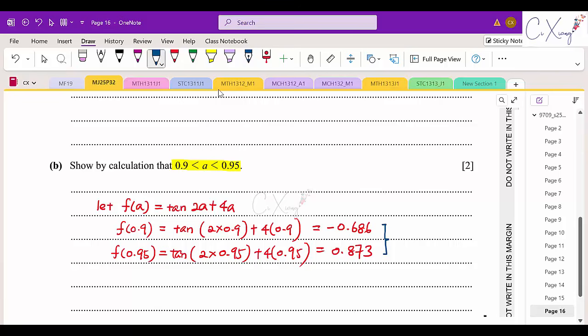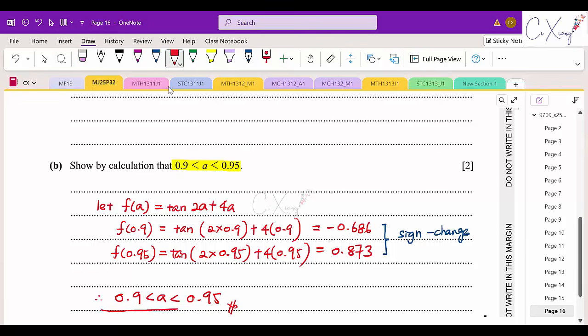So you can see here very clearly, this is a sign change. So since sign change can be seen between these two values for the function, therefore the root is between 0.9 to 0.95. Okay, this is how we get the answer.